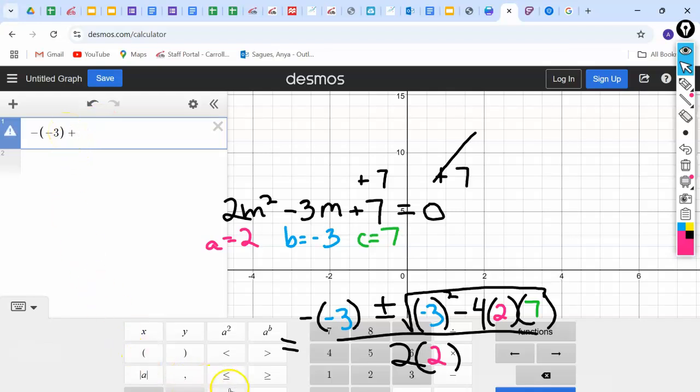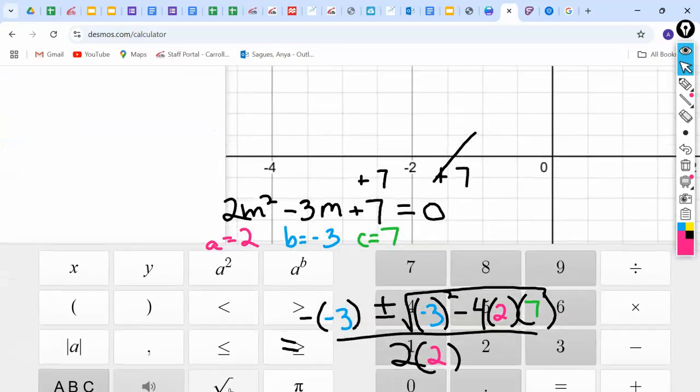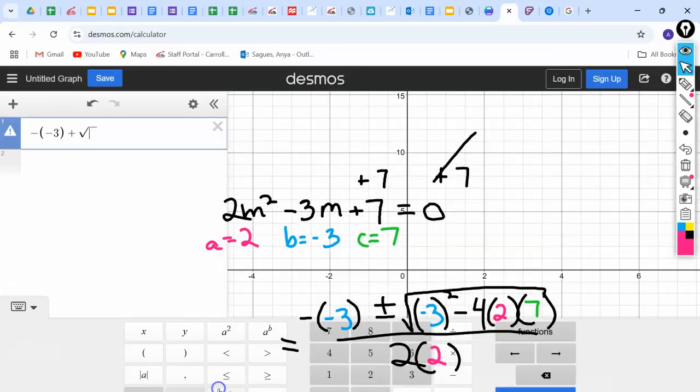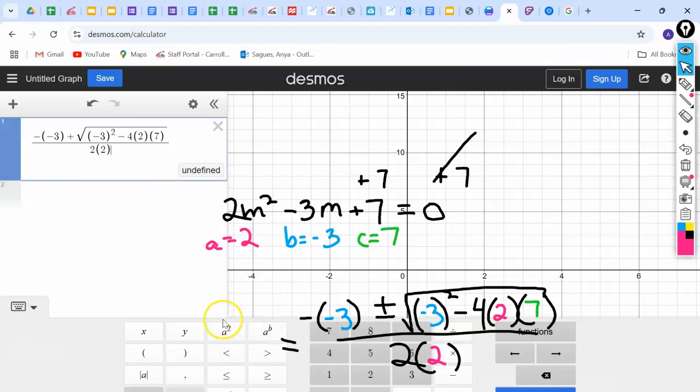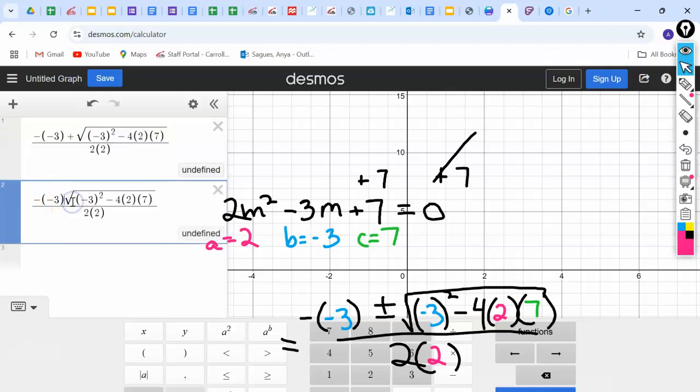Plus, square root button's over here, square root of parentheses -3 squared minus 4 parentheses 2 parentheses 7, all over, so I highlight it, I hit the divide button, 2 times 2. And okay, it's undefined. Anyways, if I was trying to find my other answer, I would copy and paste it and just change the plus to a minus.